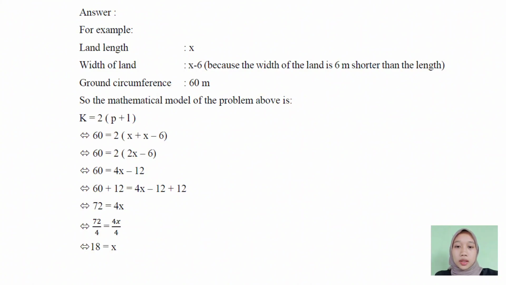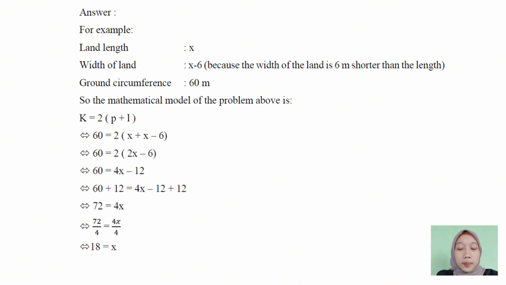So the mathematical model of the problem above is circumference equals 2 multiplied by length plus width, becomes 60 equals 2 multiplied by x plus x minus 6. 60 equals 2 multiplied by 2x minus 6. 60 equals 4x minus 12.